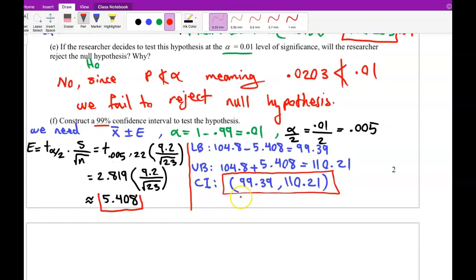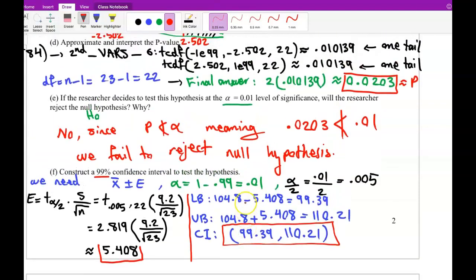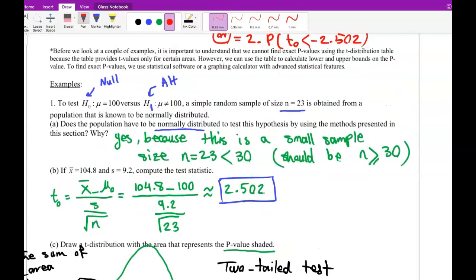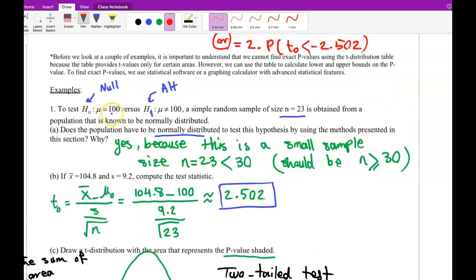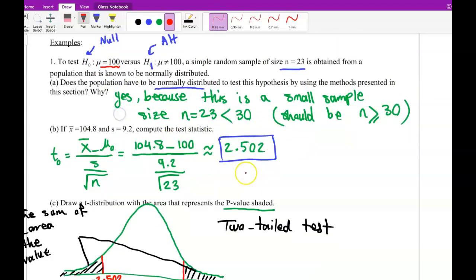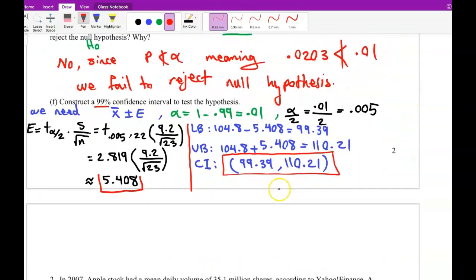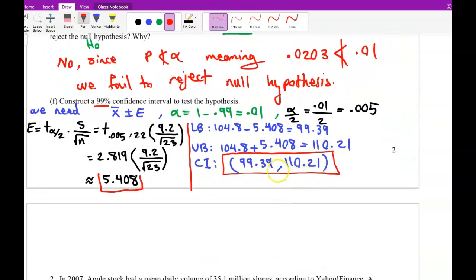From this part we can also say that we have the same answer as part E. Why are we failing to reject? Because our null hypothesis was mean equal to 100. I have that mean in this interval; I have 100 between these two numbers. Since I have mean equal to 100 in this interval, that's why we failed to reject the null hypothesis.